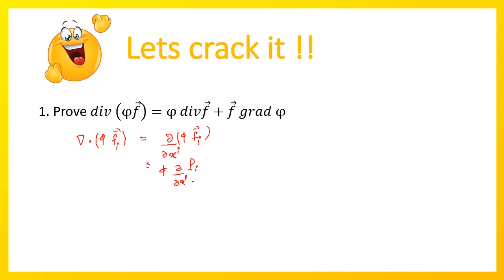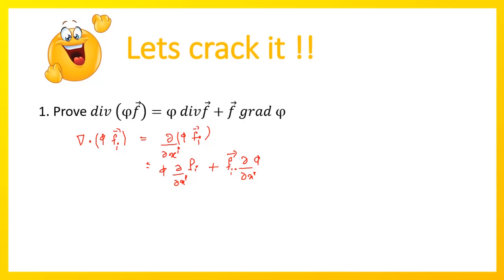See, here are no free indices. Therefore, this will produce a scalar, plus f into dou by dou xi of phi. See, here we have one free index, so this term is a vector, and this is dotted with another vector fi itself.